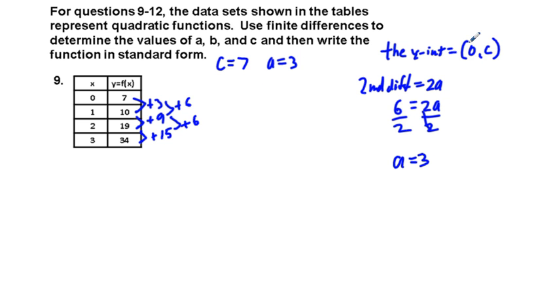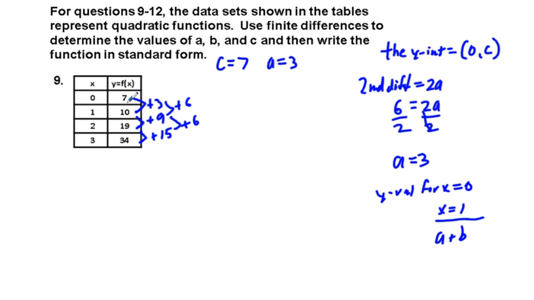And finally, b. The difference between the y values for x equals 0 and x equals 1, if we take the difference between those two, we would have a plus b. So let's look at this.